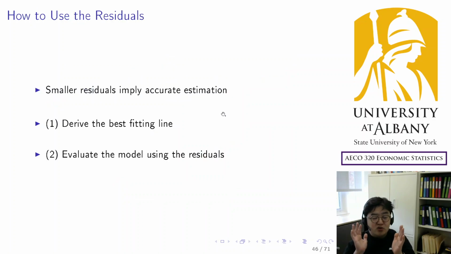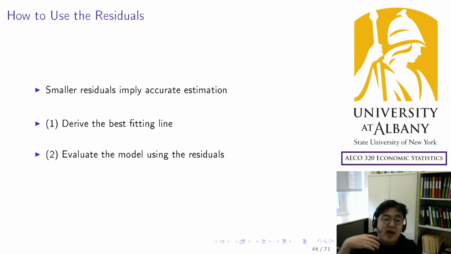Then we are going to use this idea to explain two things. First, earlier I said I am going to explain how the OLS is calculated. I did not explain how the estimators are calculated. Now I can explain that. So the idea is we are choosing the parameters to minimize the residuals.